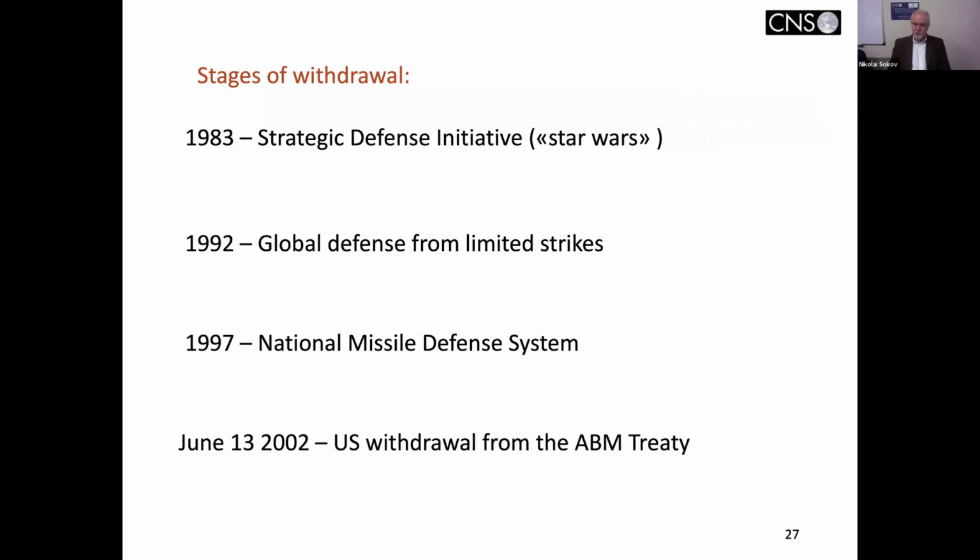And it became quite unstable because, at the very least, Russia did not try to increase the number of nuclear weapons. The number of nuclear weapons continued to go down, but Russia engaged in a number of programs that allowed it to penetrate the future missile defense shield of the United States.